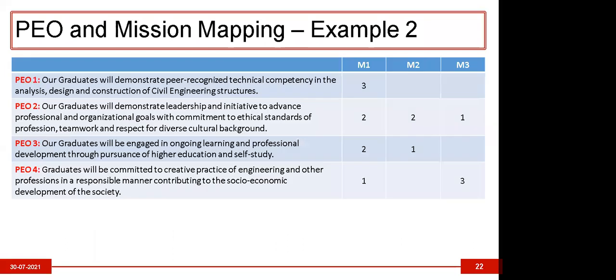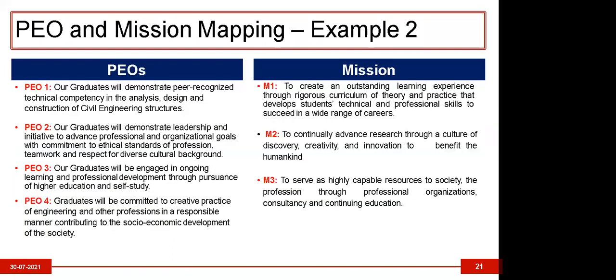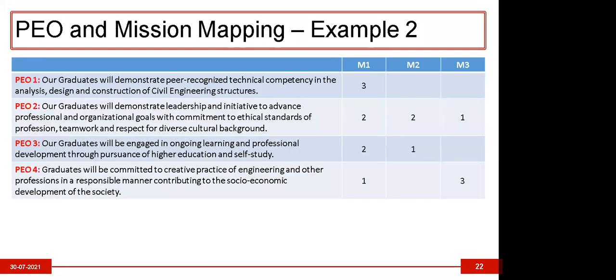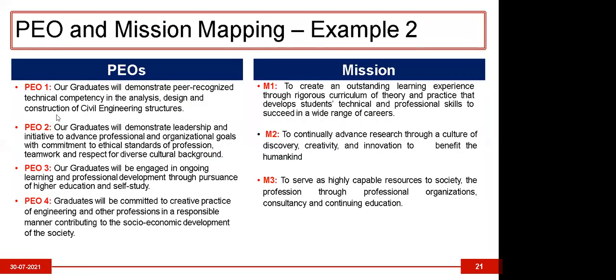Okay. Then next when it comes to PEO 2, of the 3 we have here, with respect to M1 it has been moderately mapped, and M2 is also moderately mapped. When it comes to M3, it has been lowly mapped. So what exactly is it? PEO 2: our graduates will demonstrate leadership and initiative to advance professional organizational goals with commitment to ethical standards of profession, teamwork, and respect for diverse cultural backgrounds.